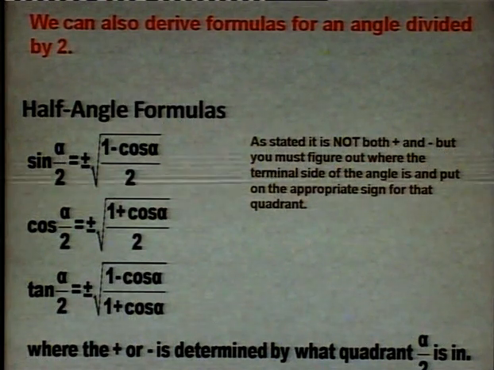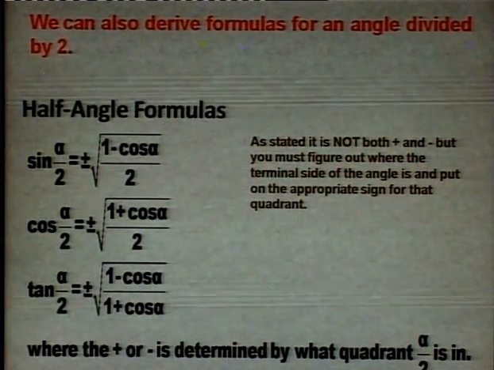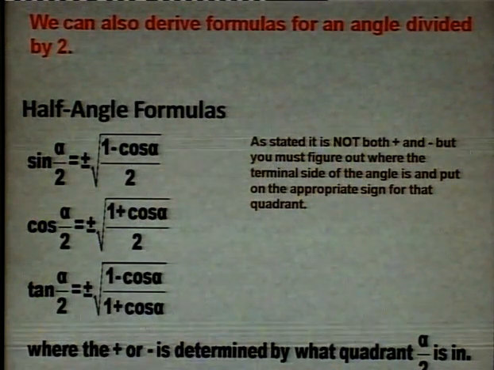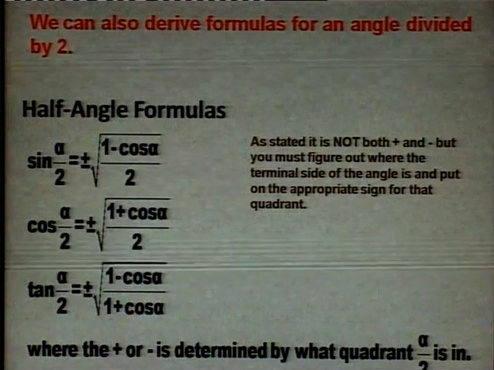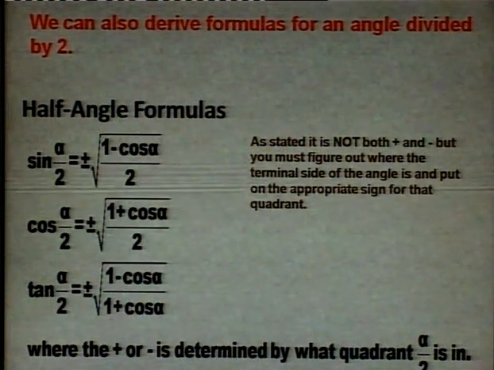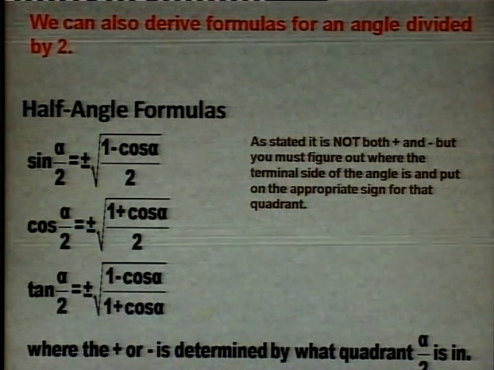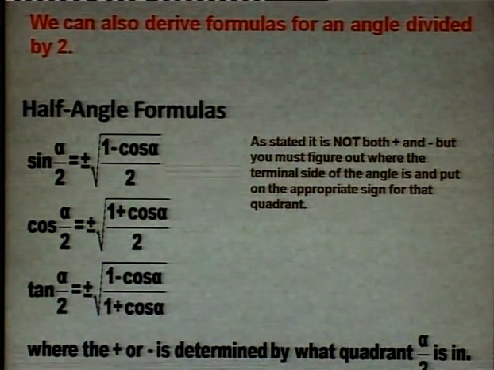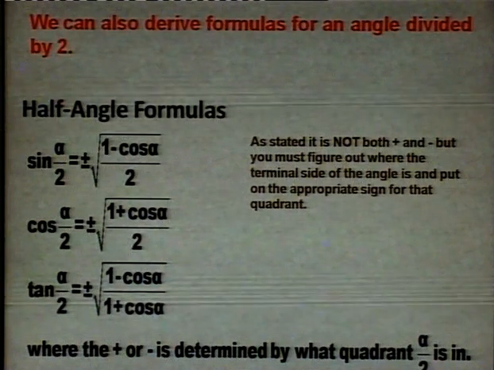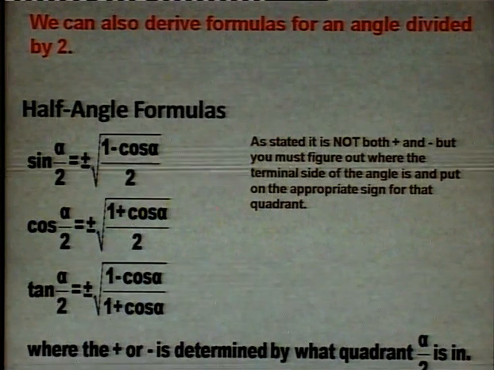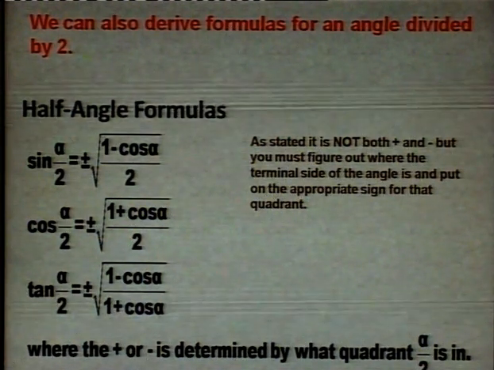But you have to see, this is very important, which sign you have to choose. They are not both plus and minus, but you have to find out where the terminal side of the angle is and put on the appropriate sign for that quadrant, because you have alpha by 2, and you have to be very careful using that fact.